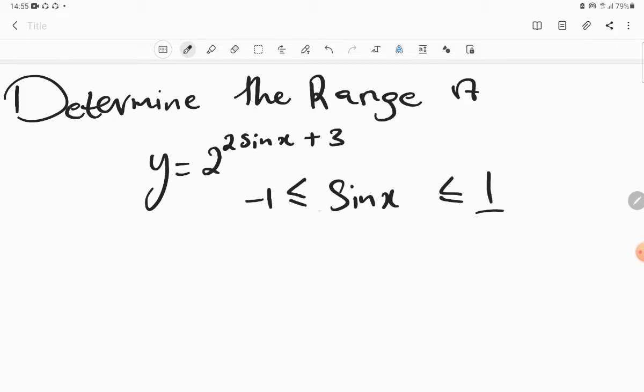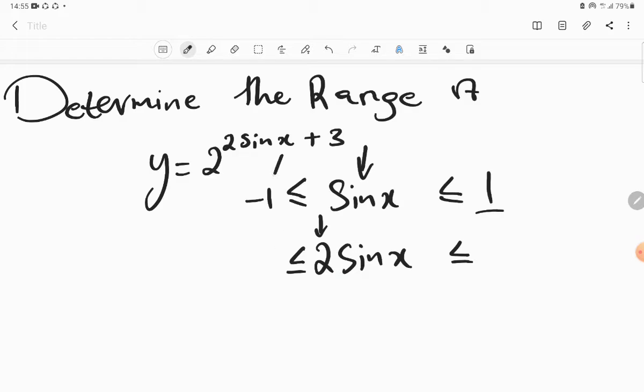Now when we are having 2 sine x, this trig ratio is multiplied by the coefficient 2, which means this coefficient is going to multiply every term in this inequality.